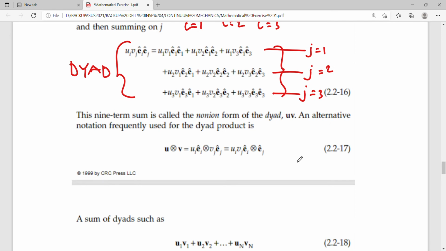An alternative notation may be done by using the cross with the circle form. u crossing v is simply equal to u_i e_i cross v_j e_j, which is equal to u_i v_j e_i cross e_j. So this is different from a cross product of vectors, no?